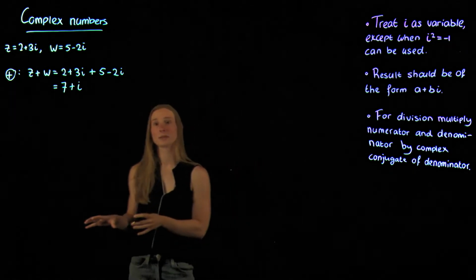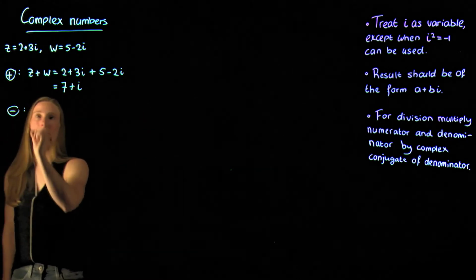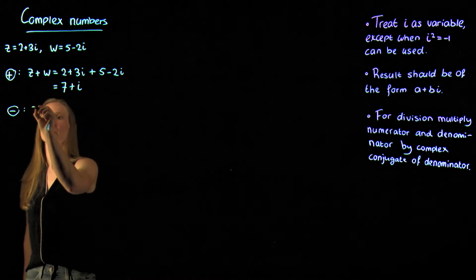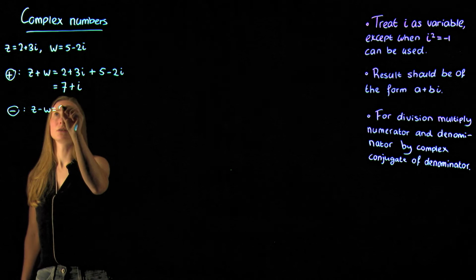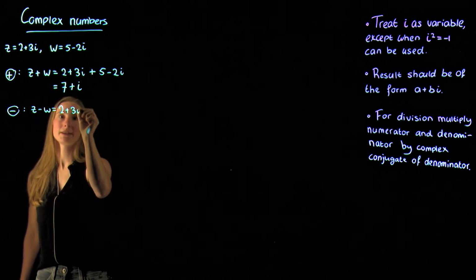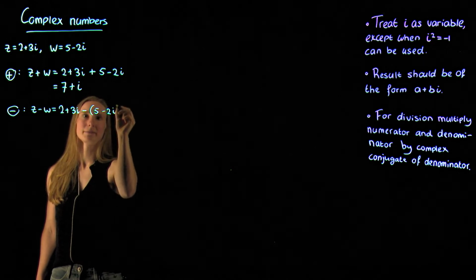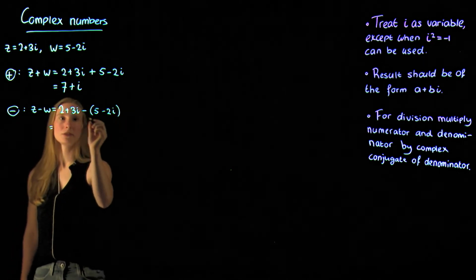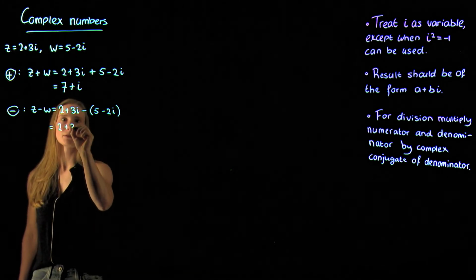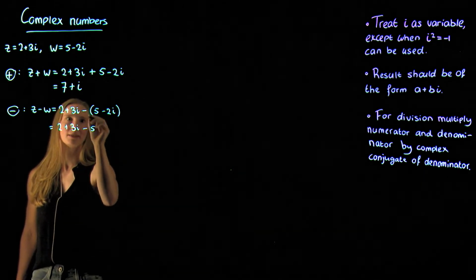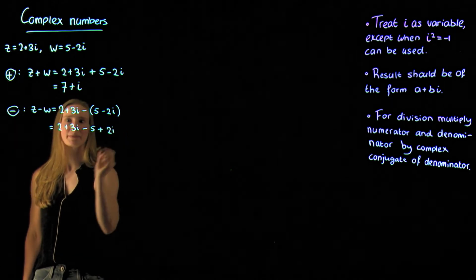So addition is very simple, and subtraction is also simple. It's almost the same. So we want to compute z minus w. So 2 plus 3i minus 5 minus 2i. And just as normal, when we get rid of these brackets, we have 2 plus 3i minus 5 minus minus, so plus 2i.